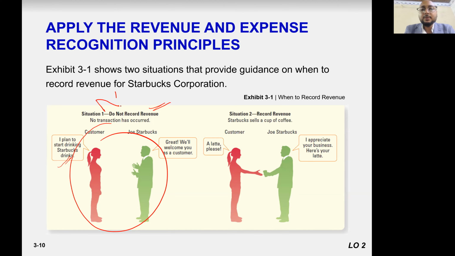The answer is no, since no revenue or sales occurred. Why? Because the coffee is still not handed over to the customer. When the customer asks for a coffee cup and agrees to have, for example, a latte please, and then the owner hands it over, it means a sale occurred.